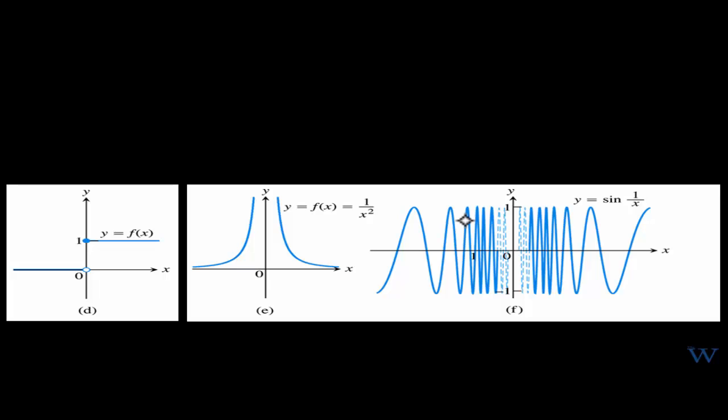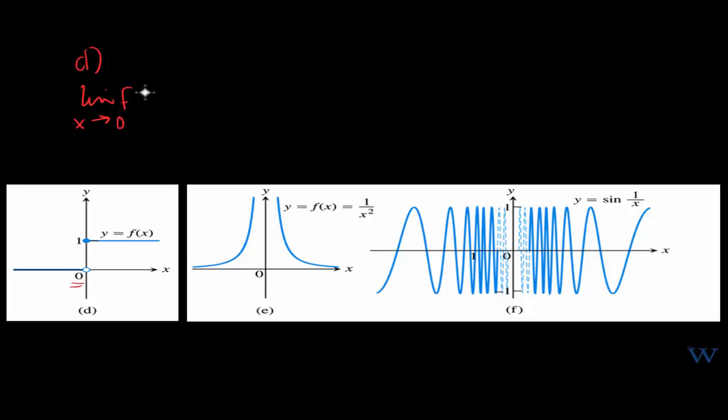Okay, now let's look at these functions where they're all discontinuous, D, E, and F. These are the types of function where we cannot remove the discontinuity. And why is it the case? Because if we look at D, the limit of f as x approaches, what's our critical point? It's at 0, right there. So what's the limit as x approaches 0?